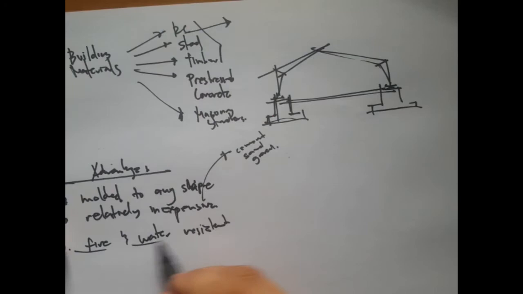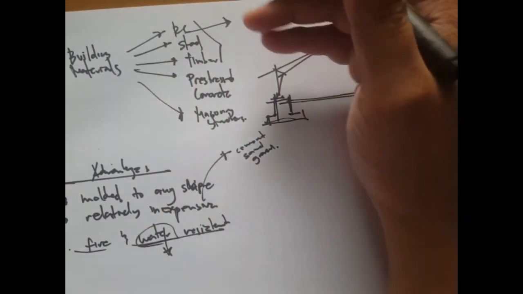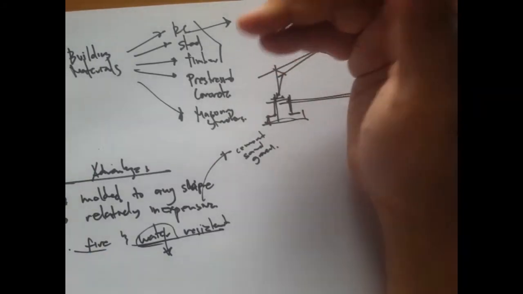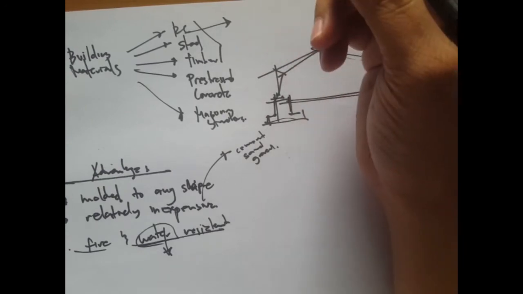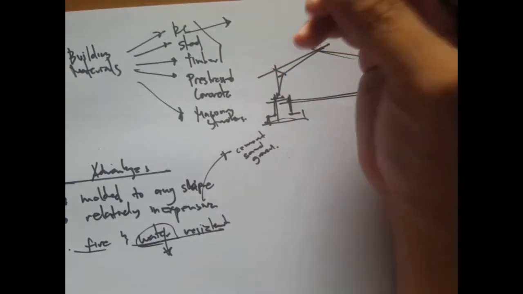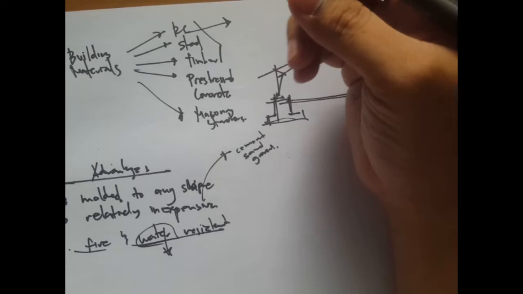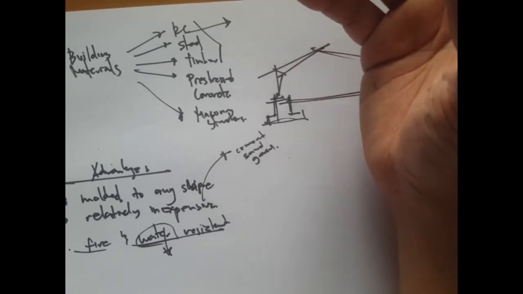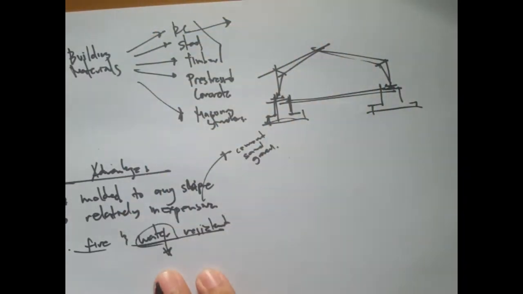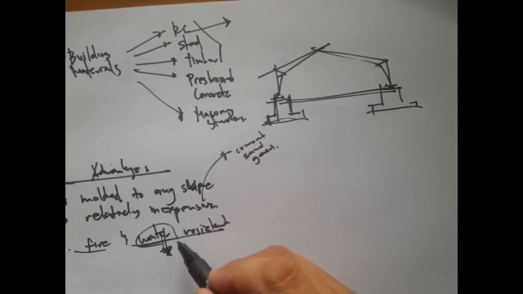In a way you can say yes, concrete is water resistant compared to other structures, because timber warps in the presence of moisture, so it deforms. For steel, they corrode. Without paintings, without surface protections, they are prone to corrosion. Whereas concrete is not.